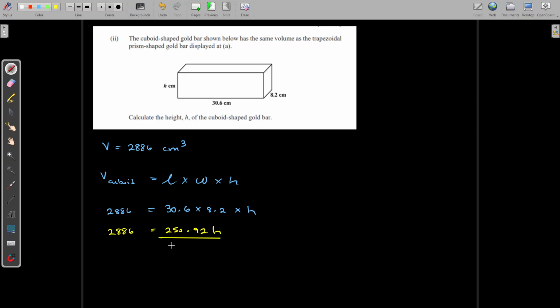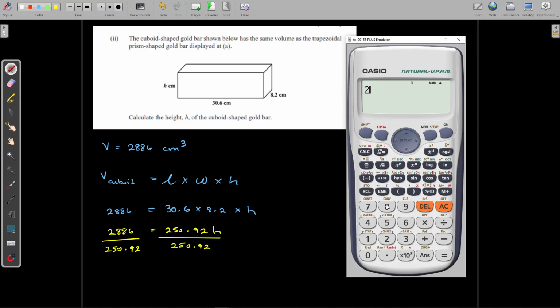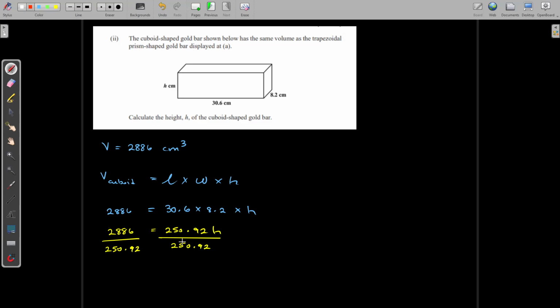So to get h, we divide. So dividing 2886 by that answer, 11.5. Simple.